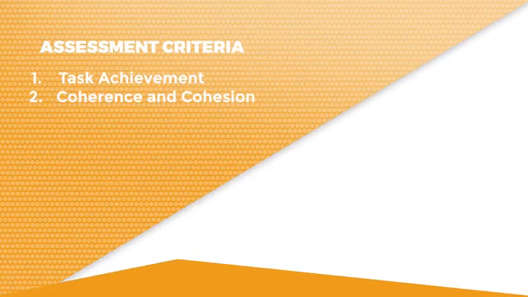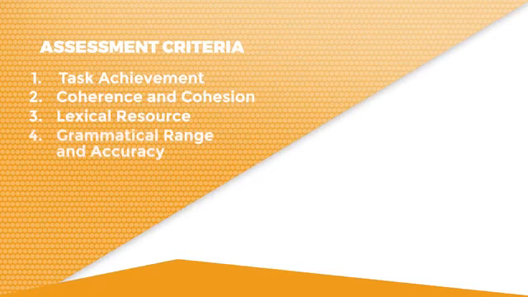There's task achievement, coherence and cohesion, lexical resource, grammatical range and accuracy. Language teachers are often fine with teaching grammar and vocabulary. They're not necessarily going to know much about how to answer the IELTS question, so task achievement is another one. And coherence and cohesion is about how you make a piece of writing flow.